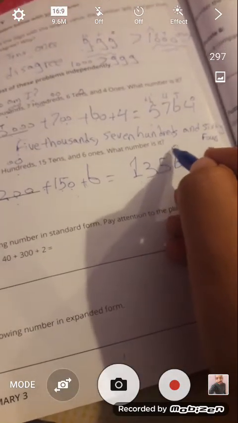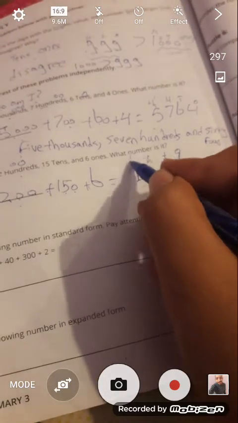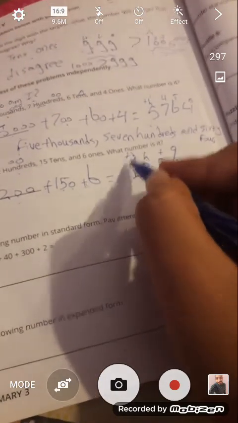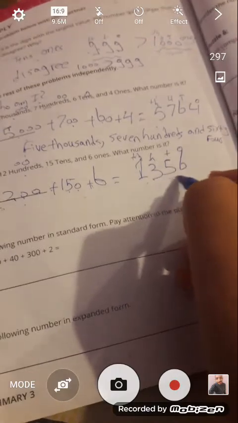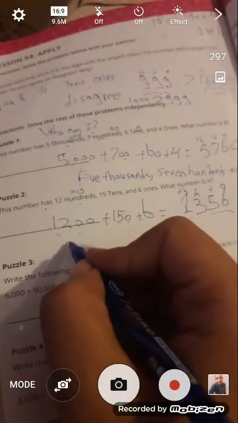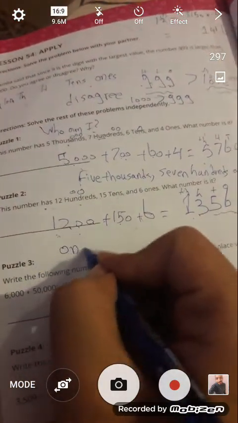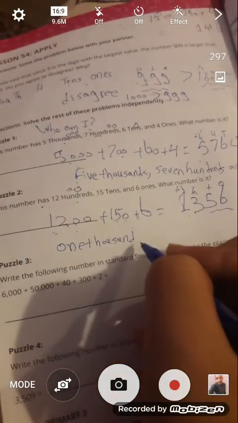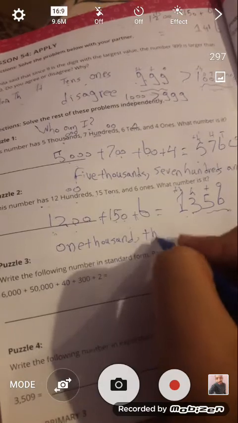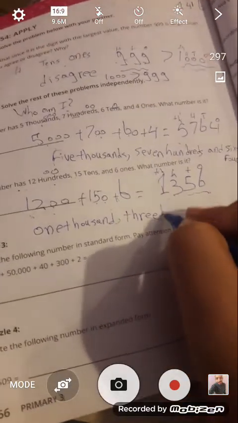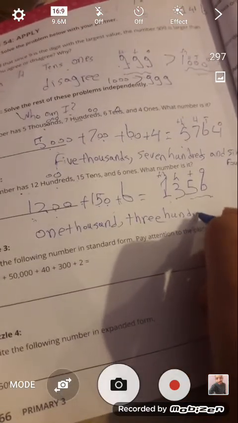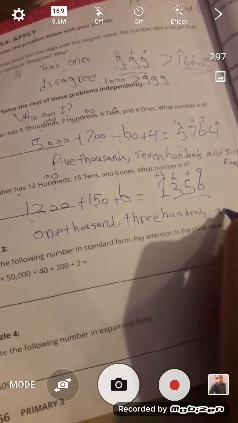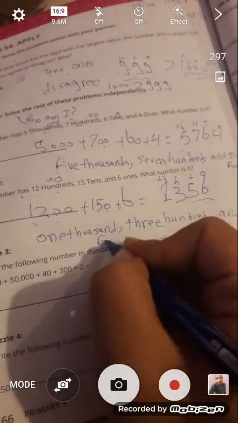Let's put the place values: ones, tens, hundreds, thousand. So our number is 1,356. Let's write it in letters. 1,356.